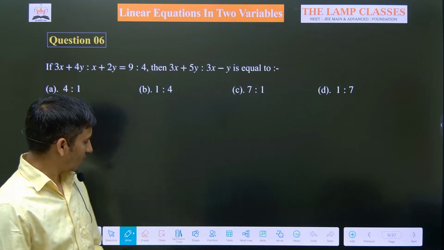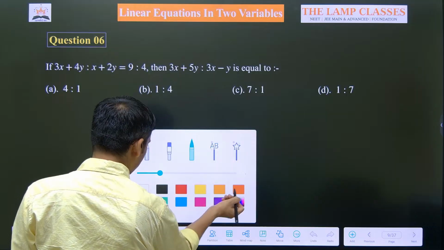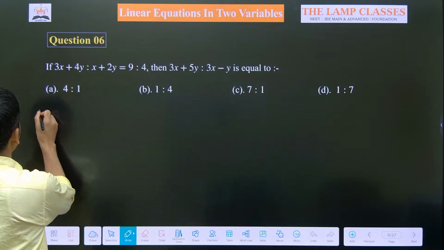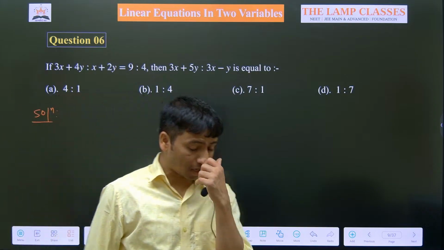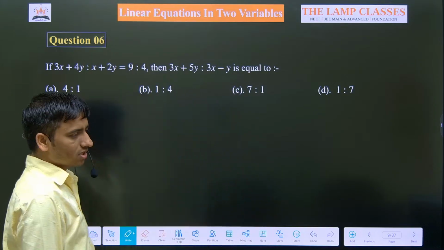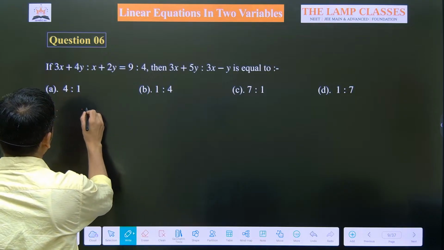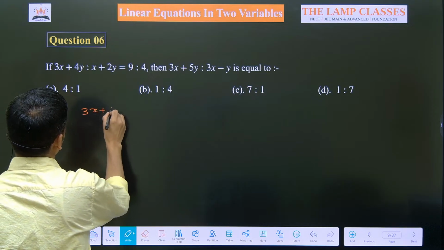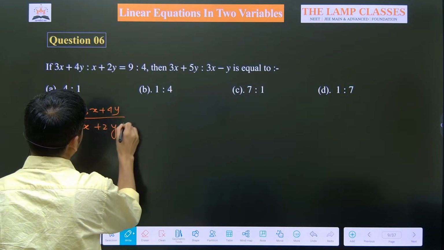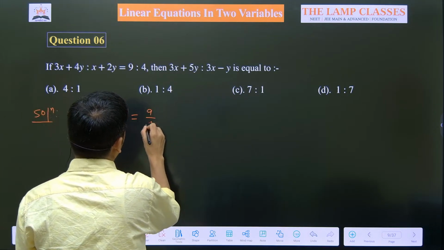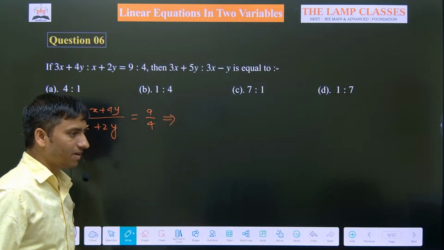Okay, so let's solve it now. So they have given the ratio, reuse the ratio concept. So in the solution, and I'm telling you, this 1 mark question may be as it is asked in 2 marks as well. You have to just show the steps there. So given 3x plus 4y upon x plus 2y is equal to 9 upon 4. Just cross multiply and let's get a relation between x and y.